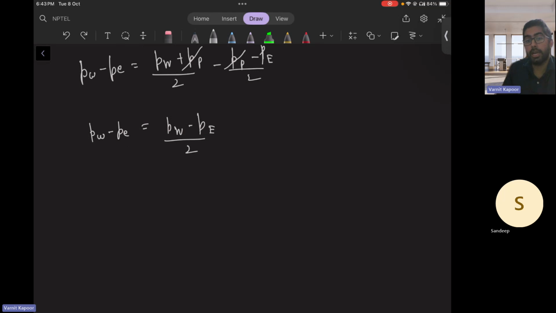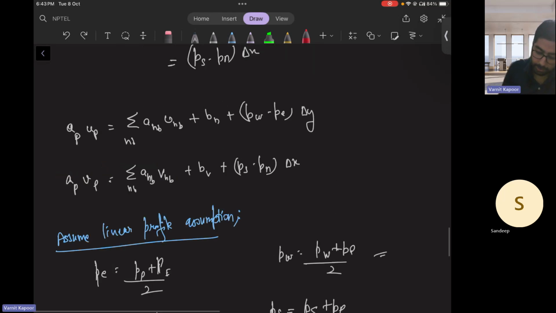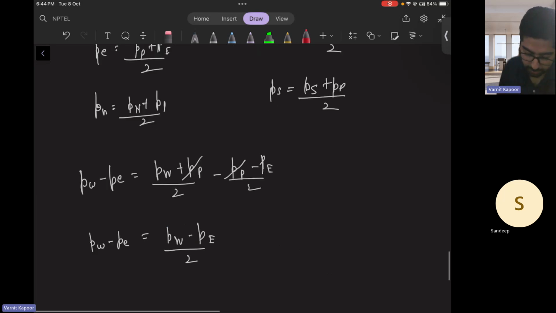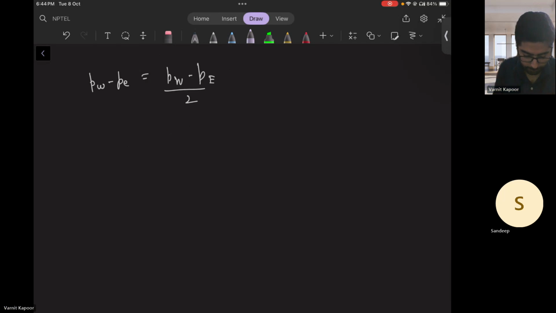So the other equation at our disposal is the continuity equation, using which we hope to obtain a pressure field. In this equation, the pressure is unknown as well as the velocity. Both are unknown. So how will you get the values? So let us do the discretization of the continuity equation.